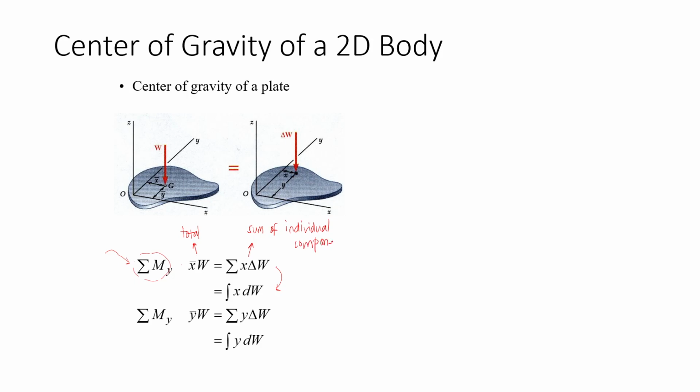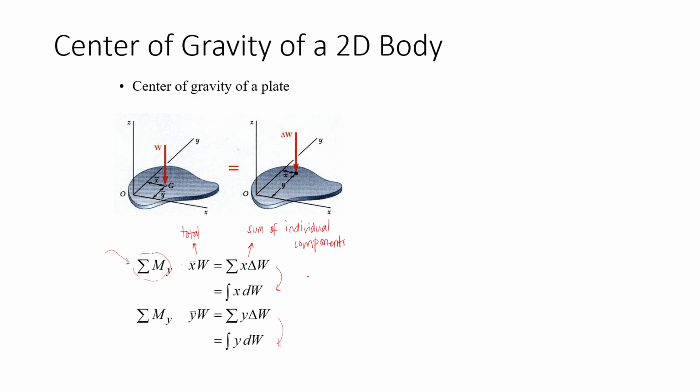So that's how you define the equation. This one is the same as the y bar. So the left-hand side is the total aspect of the body in terms of bar y, and the right-hand side is the sum of individual components in terms of the y aspect as well.